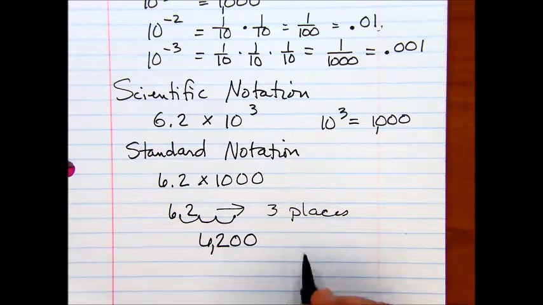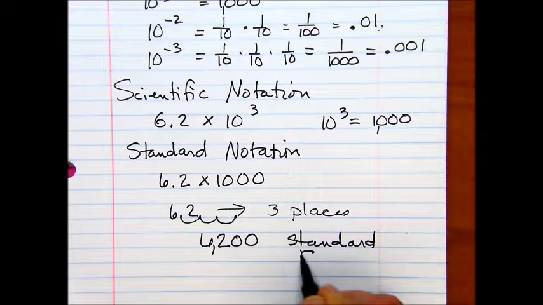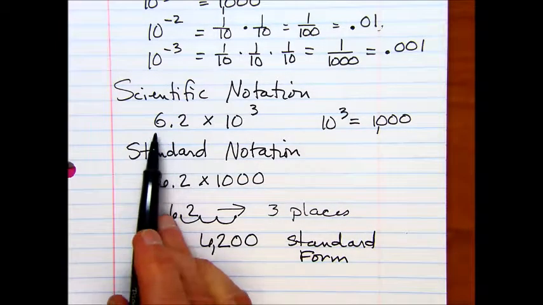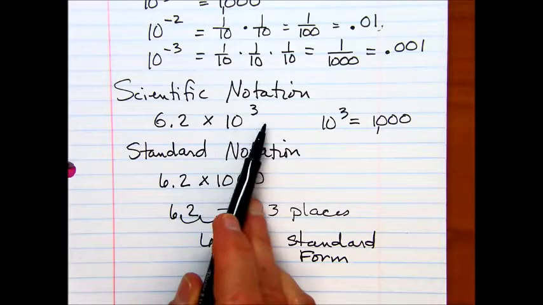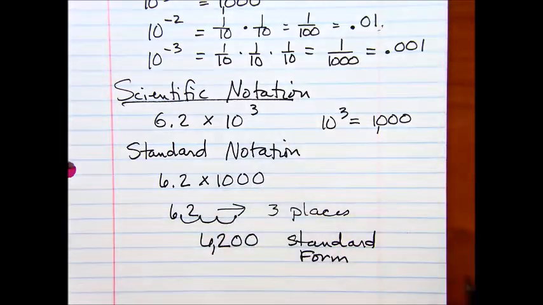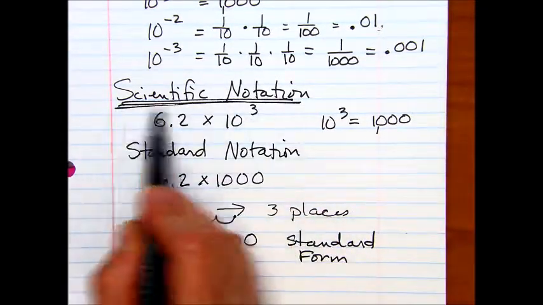And this would be in standard form. Okay? When it's written as a number times the power of 10 with an exponent, that is scientific notation.